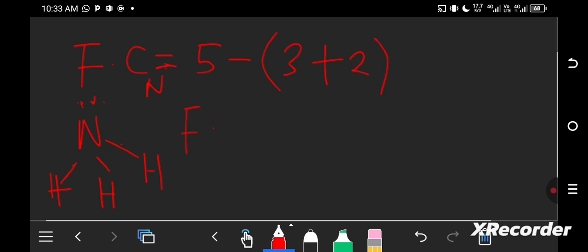So the formal charge for nitrogen will be equal to 5 minus 3 plus 2, that is simply 5. So formal charge will be equal to 5 minus 5, which is just a 0. Okay, so basically this is how you can calculate formal charges. Thank you for watching.